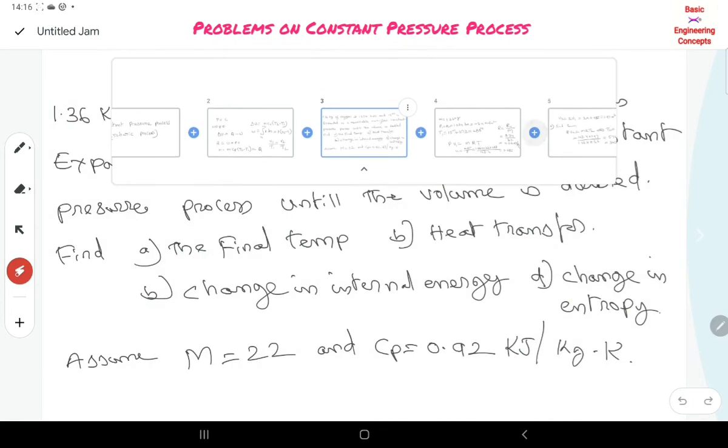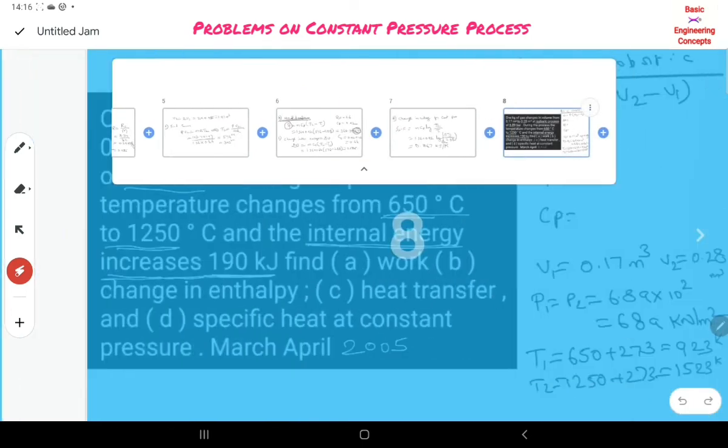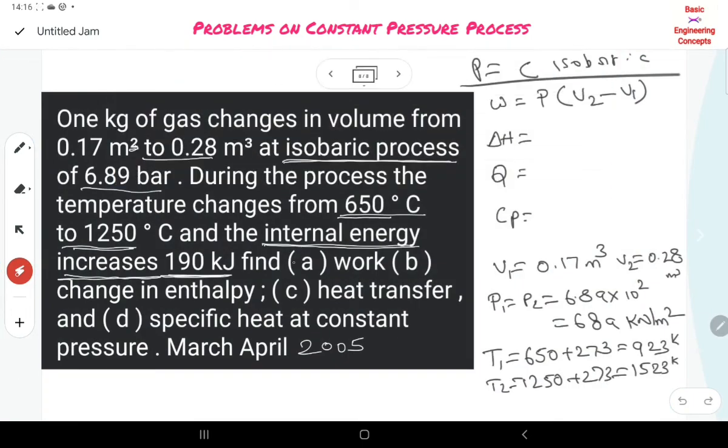If you know how much heat is transferred during this process, then you can say that enthalpy is equal to heat transfer. So either of these you can calculate.